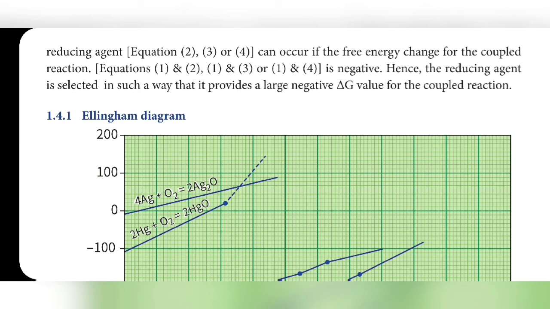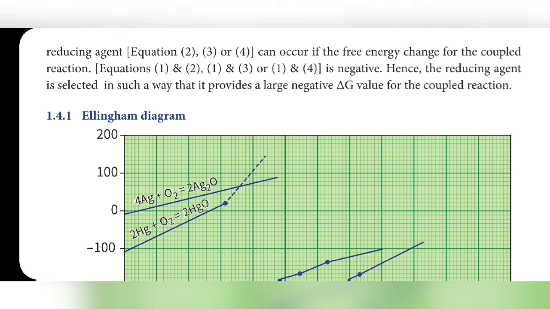Among these 3, whichever has a negative value is possible. Based on that, we can select the best reducing agent for this reaction.